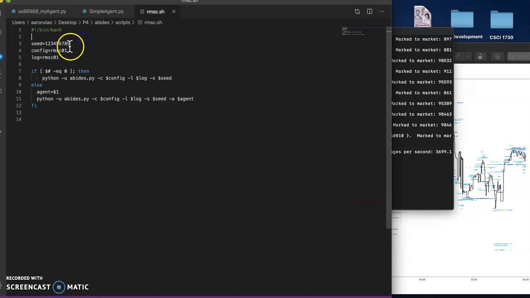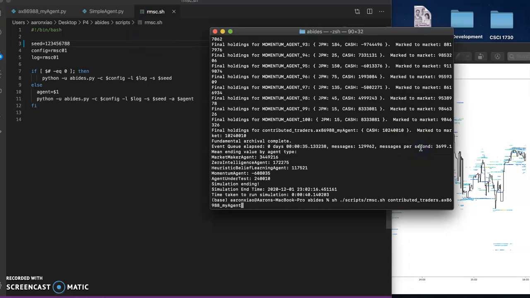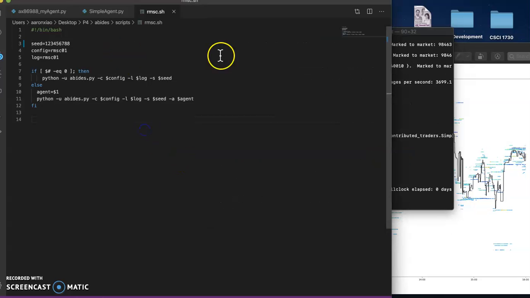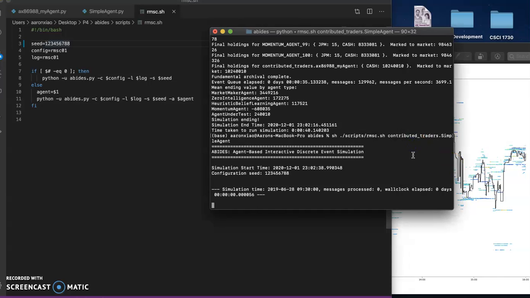If I were to change the seed, for this seed, I believe that it also did better. But then there were other seeds afterwards. If I change the last seed to a 7, the next seed, it's a case where my agent did not outperform the simple agent, and again, I think that's attributed to just the randomness factor with how the ZI agents make their trades.